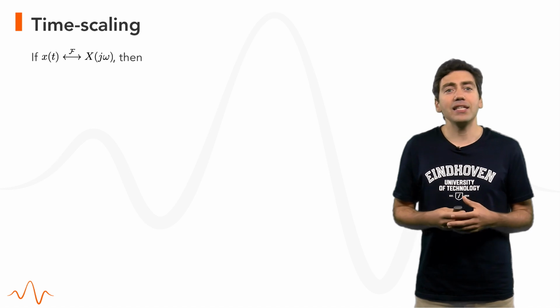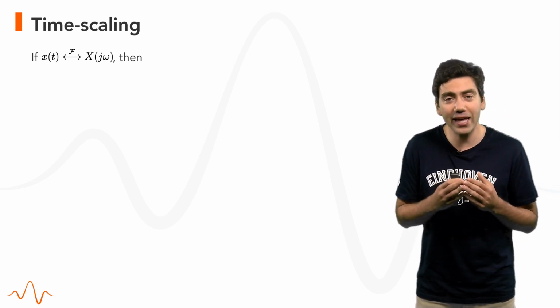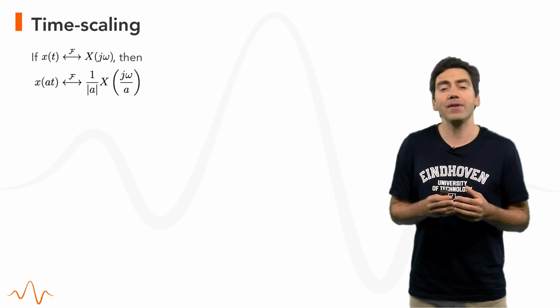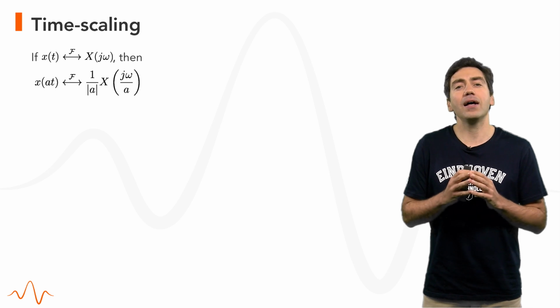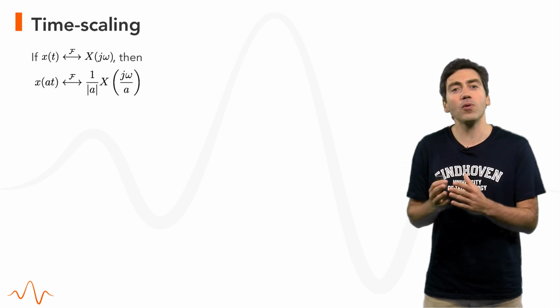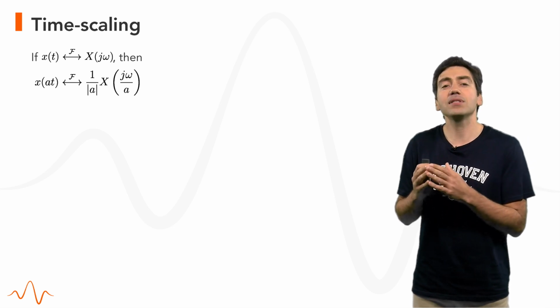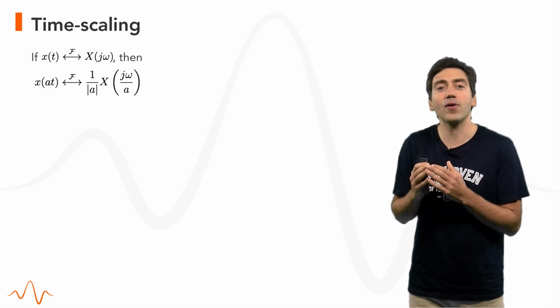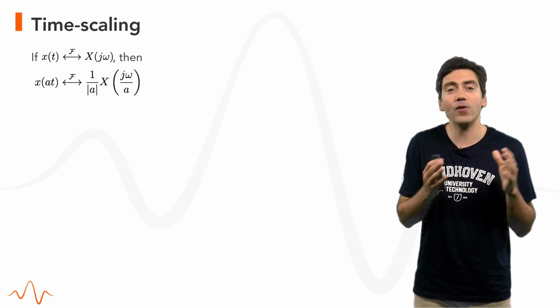Now, time scaling. This is again an important property. If we consider the signal x of at, where a, for instance, is larger than 1, or a can be anything, we obtain a Fourier transform which is 1 over the absolute value of a times capital X of j omega over a, where capital X is the Fourier transform of the original signal x of t.